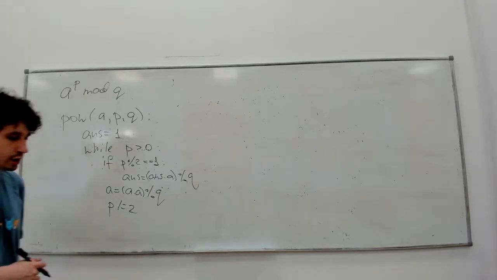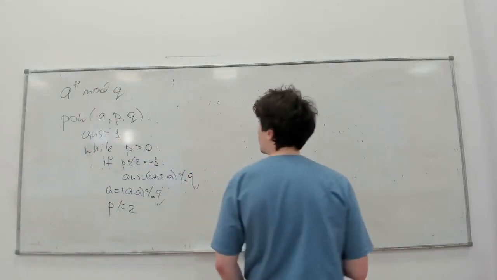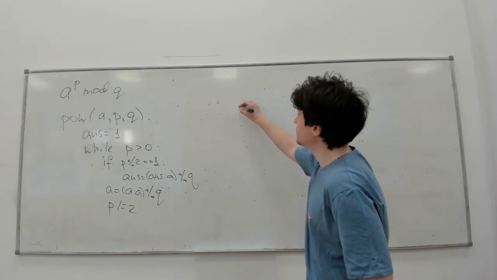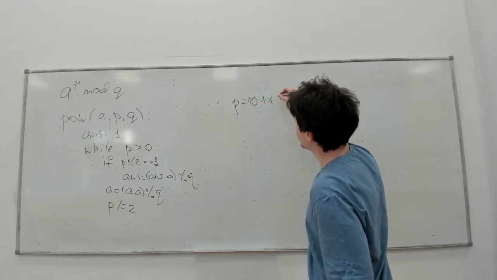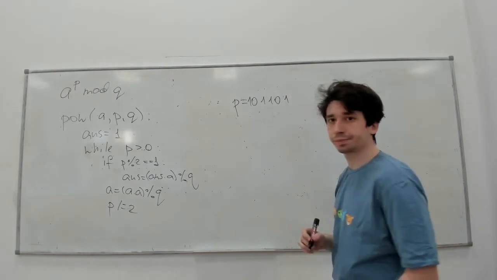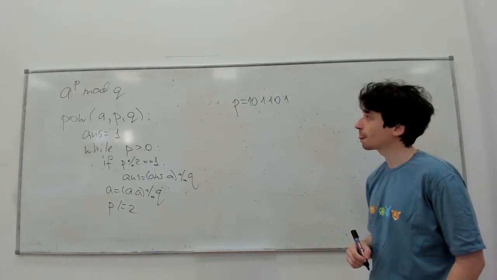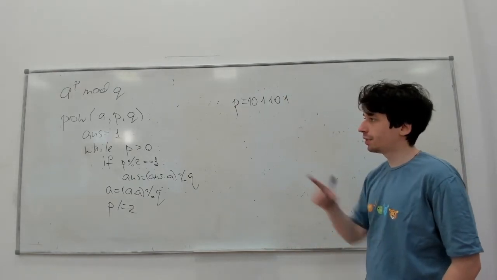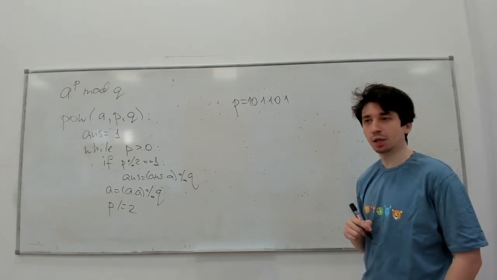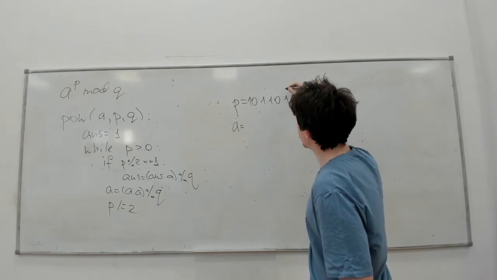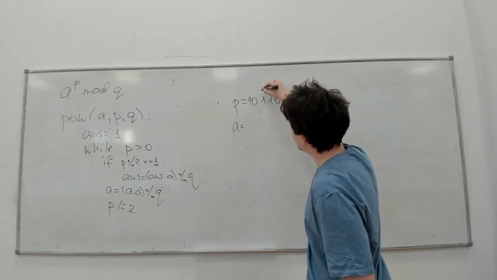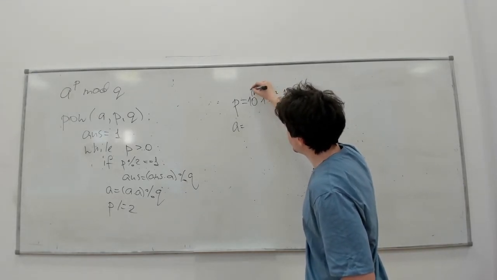So this is the whole implementation. I will explain right now how it works and why it works. So consider P as some binary string. Then the power of A will look like the following. This is 1, 2, 4, 8, 16, 32.